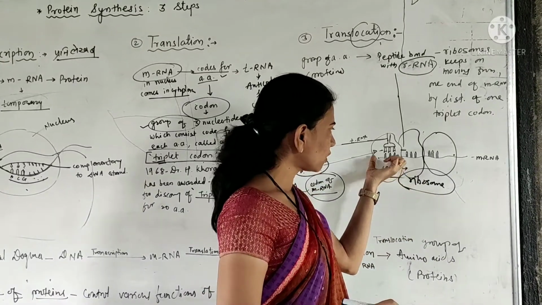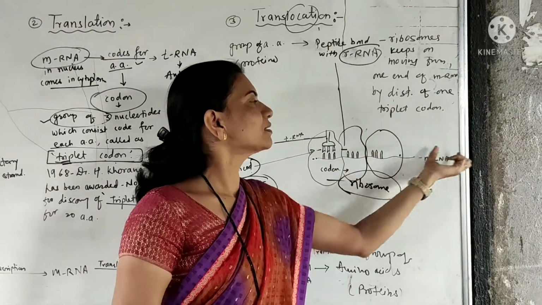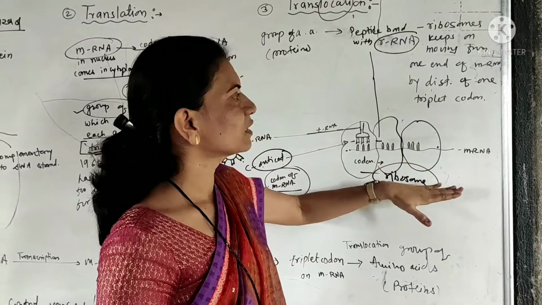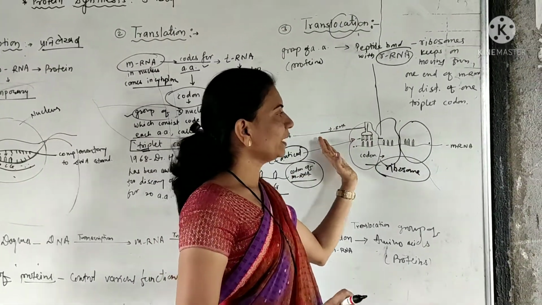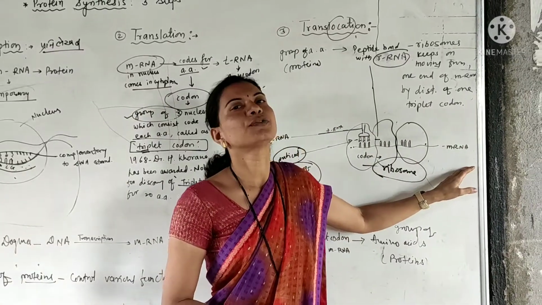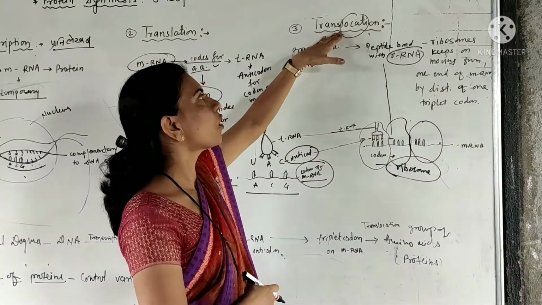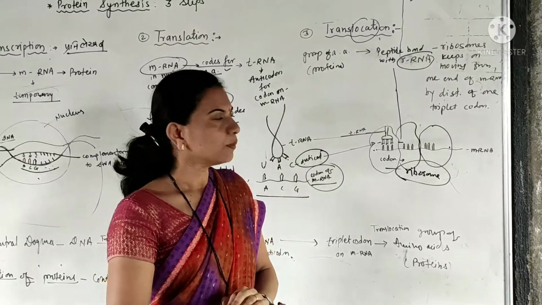This first triplet codon, then second, the ribosome moves like this. So this process of movement of the ribosome from one end of the mRNA to the other end is called the translocation process.